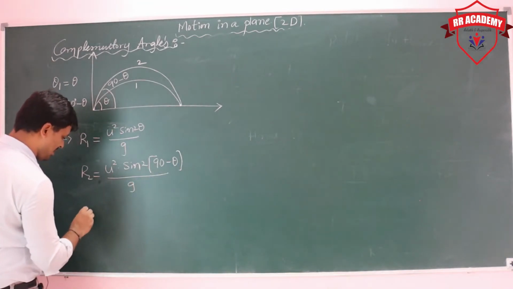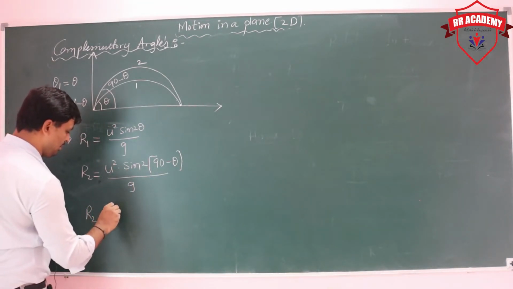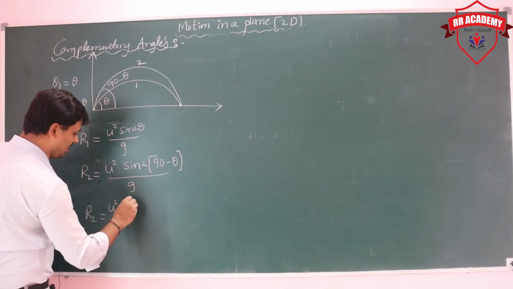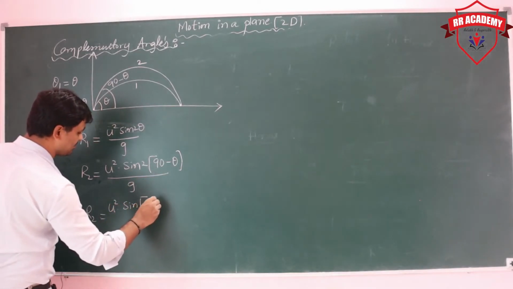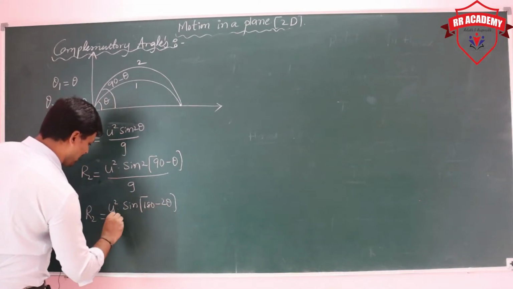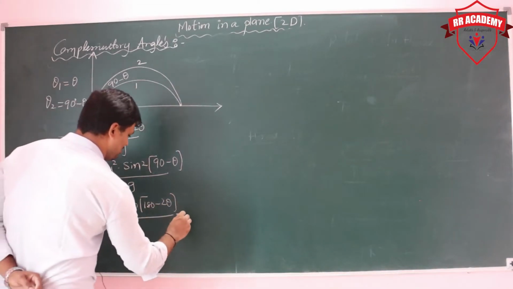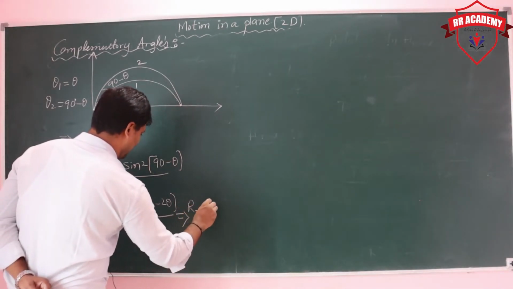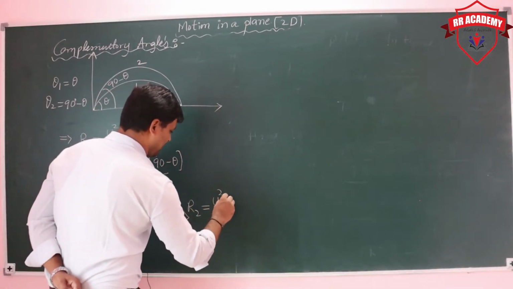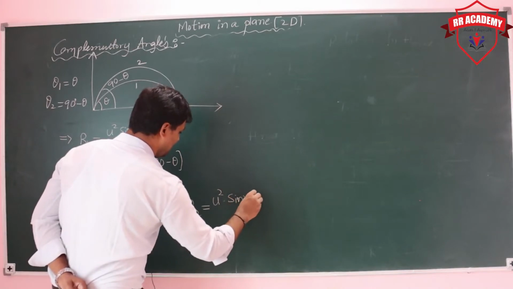Then the range goes to u square sin of (180 minus 2 theta). Sin of (180 minus 2 theta) is sin 2 theta only. So R2 is equal to u square sin 2 theta by g.